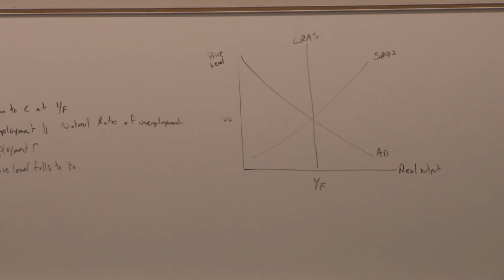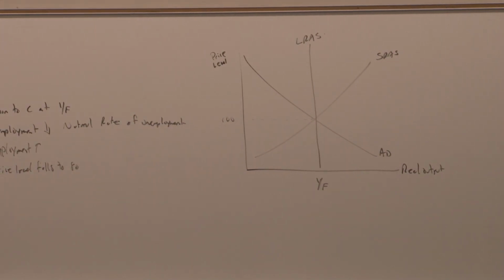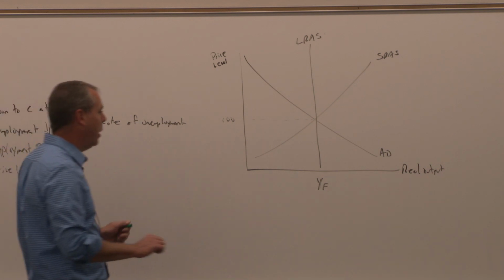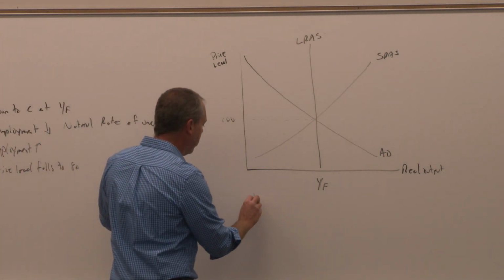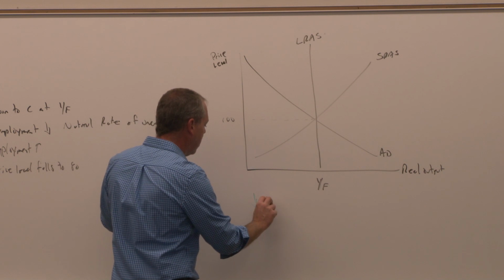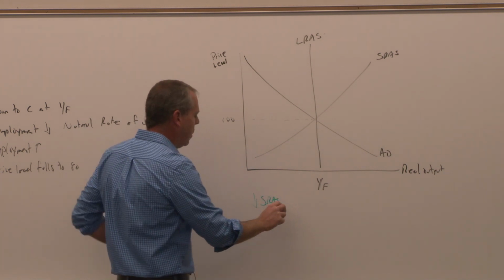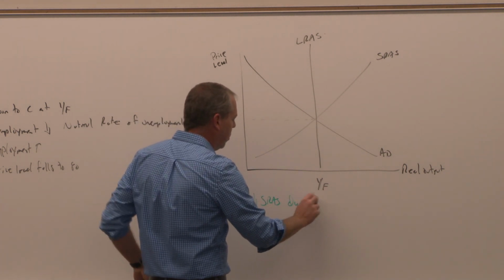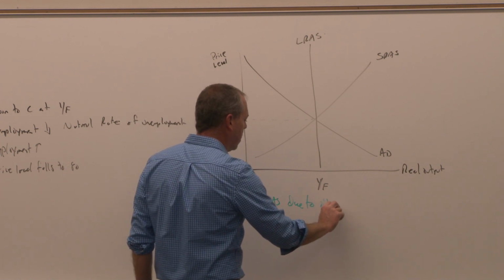So we've got the same thing here. We've got our full employment level of output. We're at, say, YF. We've got some price level. We're just going to call it, say, 100. And now we're going to see this decline in the short-run aggregate supply curve. So maybe this is due to, say, an oil embargo or something.